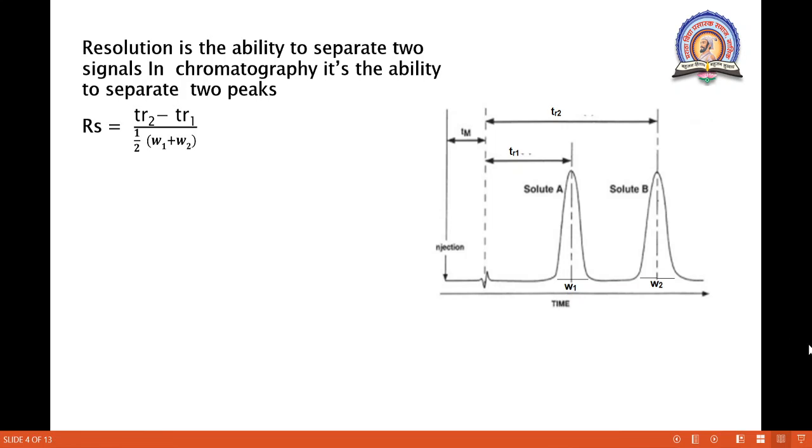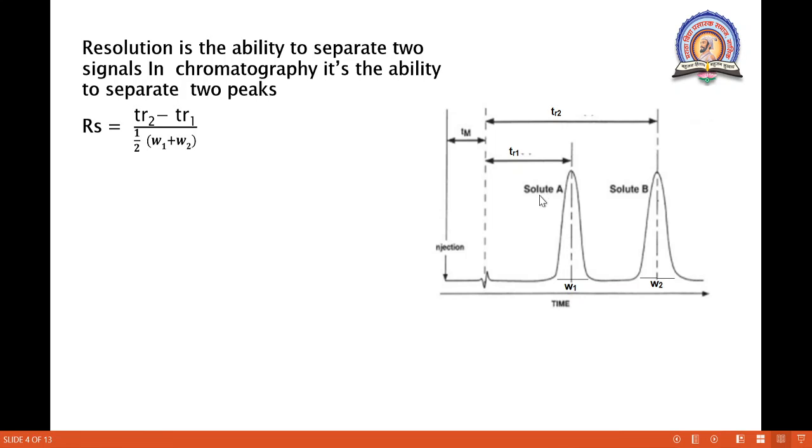Here one chromatogram is given, detector response versus time. Here the two components are completely separated. They show two different peaks. That's why we say that these two components are completely separated.